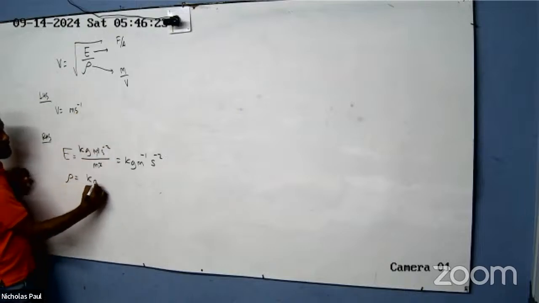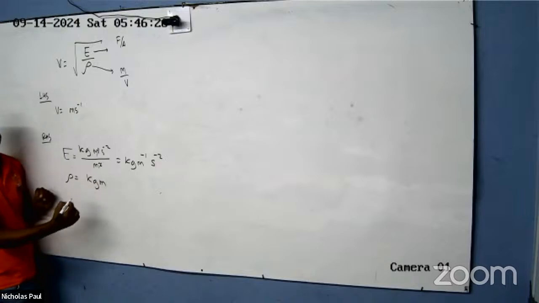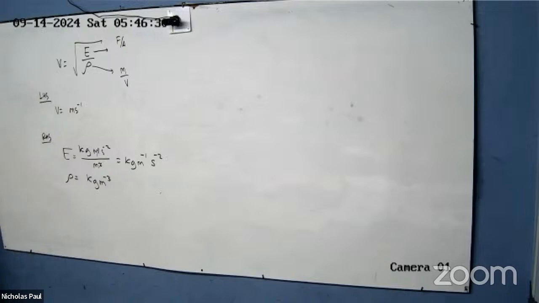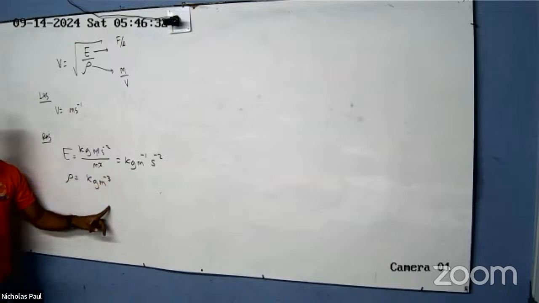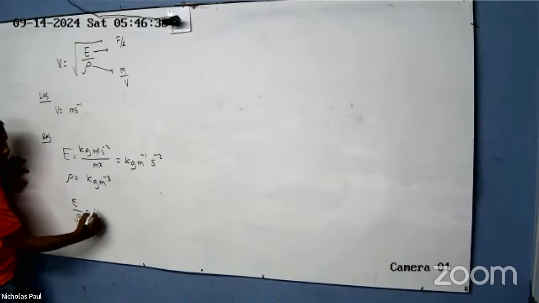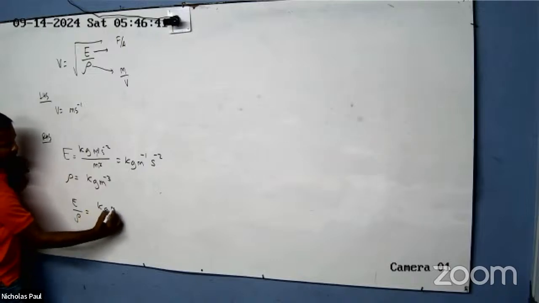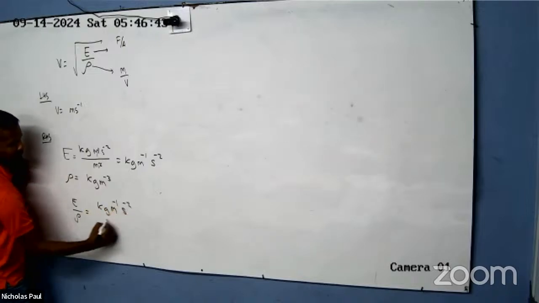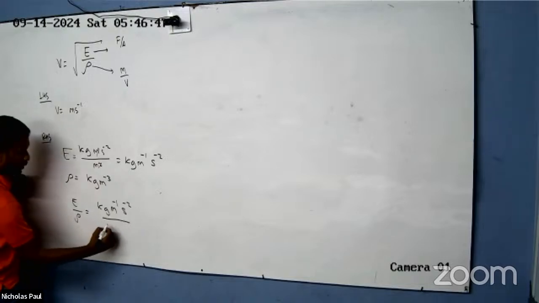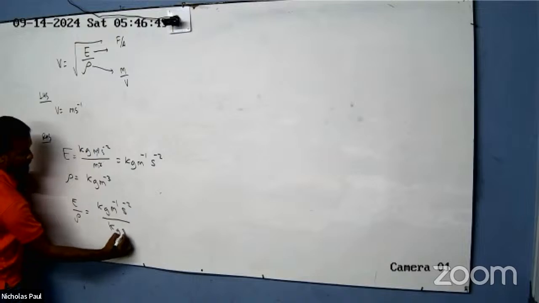Density is kg m to the minus 3. So I'm going to put them together now. E over density is kg m to the minus 1 s to the minus 2 all over kg m to the minus 3.